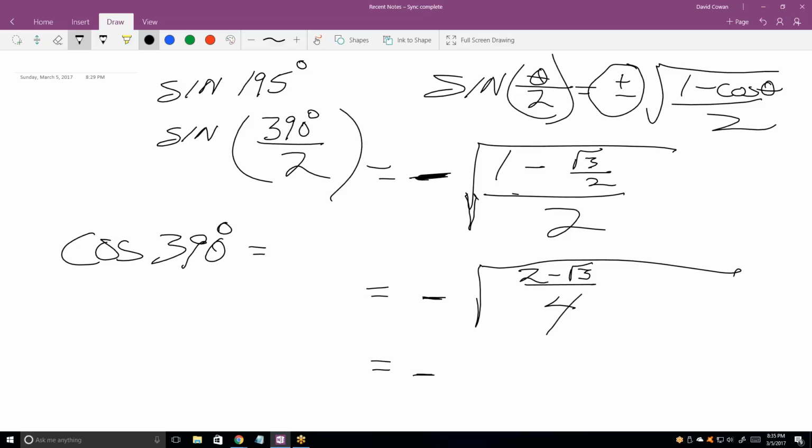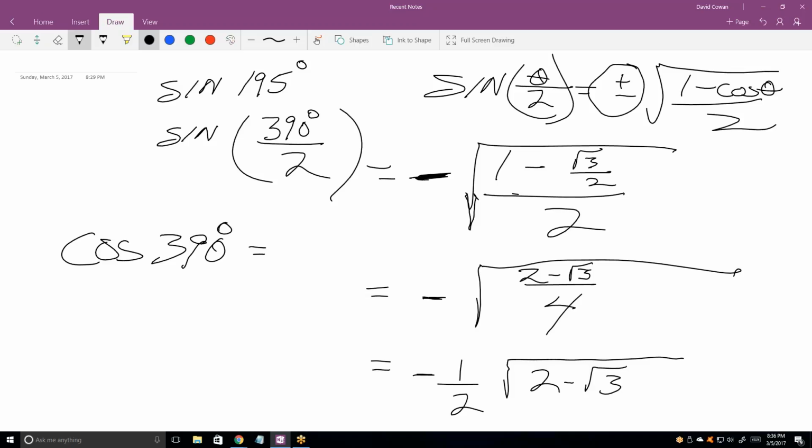You see any perfect square numbers? Yeah, 4. Okay, let's take out a half. And what is left behind is just 2 minus root 3. Okay, right.